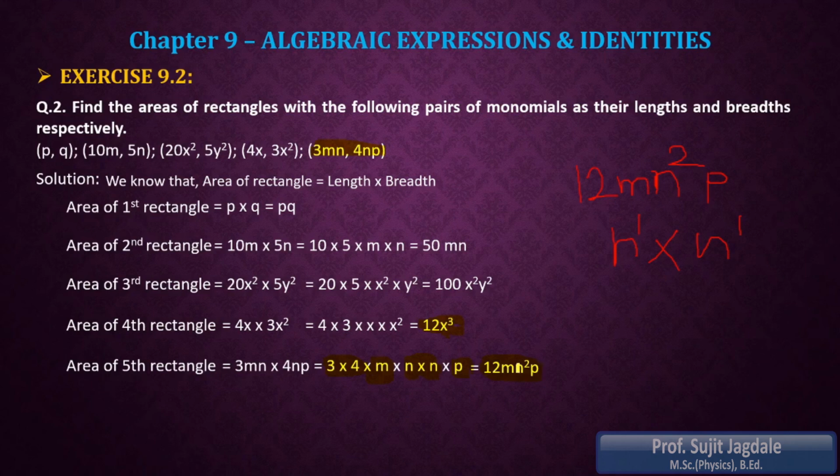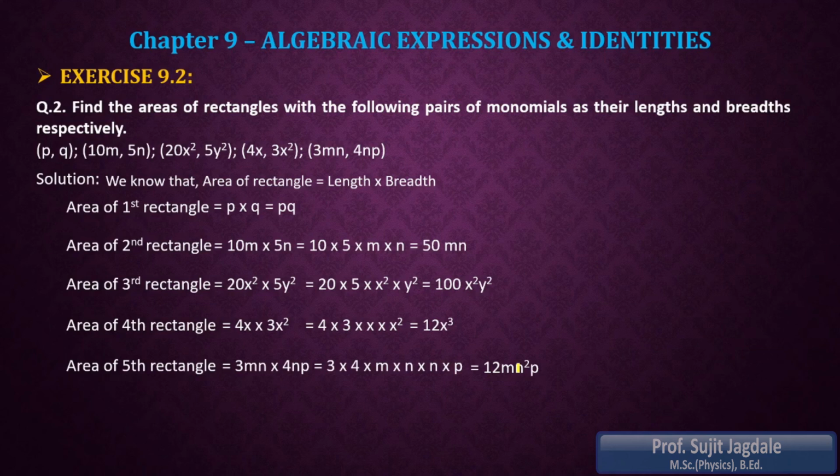So in this way we are able to perform the multiplication of monomials. So just remember, whether you are multiplying by monomial or multiplying by binomial or multiplying by trinomial, while performing the multiplication you should know the steps. The steps are like this: you have to take the product of numbers first, then product of variables according to alphabet.